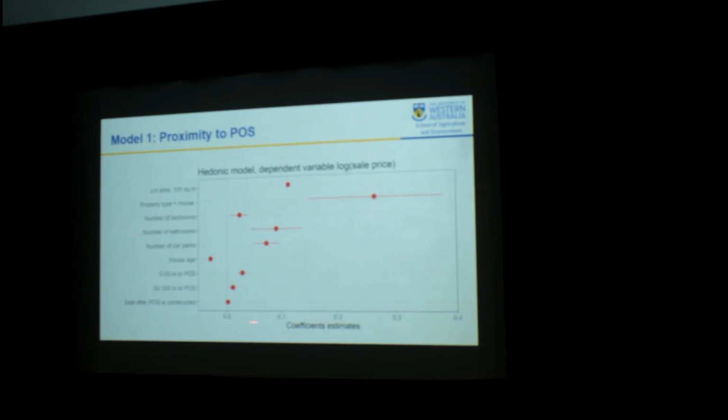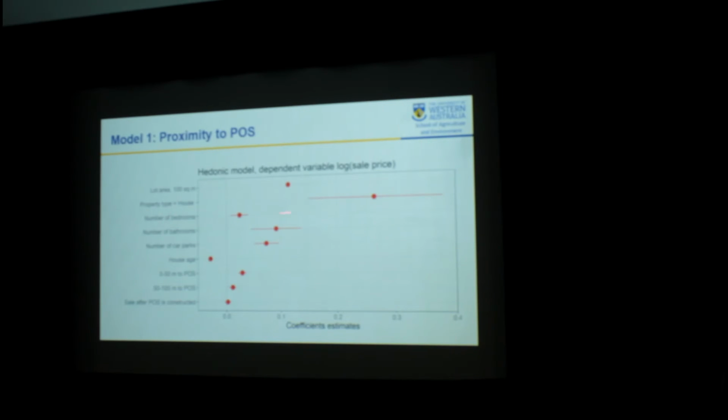On the x-axis is a coefficient, which is the impact of this variable on the price. So for example, if this is lot area in hundreds of square meters, a convenient kind of variable, for each 100 square meters the price increases by 11%.